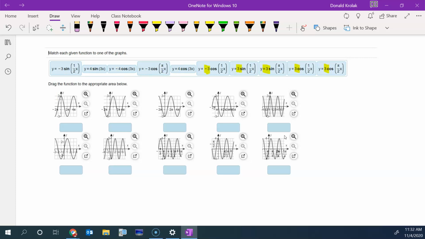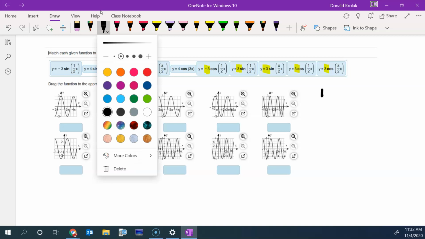All right, remember what your graphs look like. It's up on the whiteboard. So I got a sine graph.